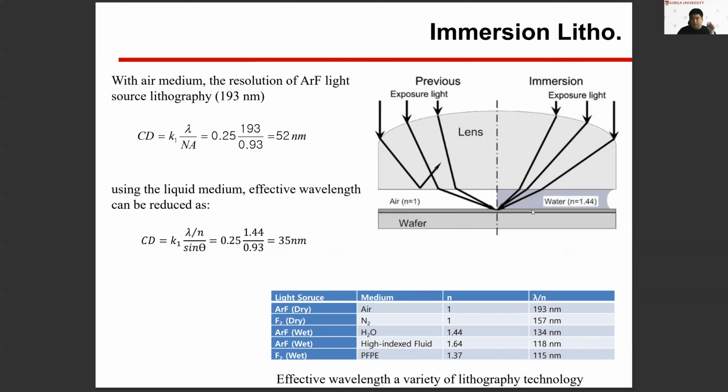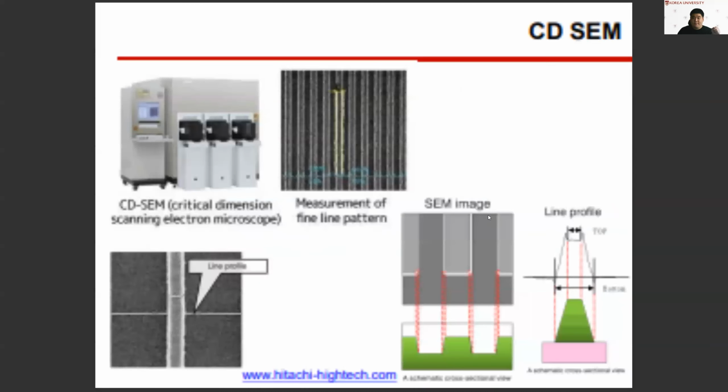This is called immersion lithography. As you can see here, the refractive index n is higher than in dry lithography. So with this technology, we can make an even finer image.